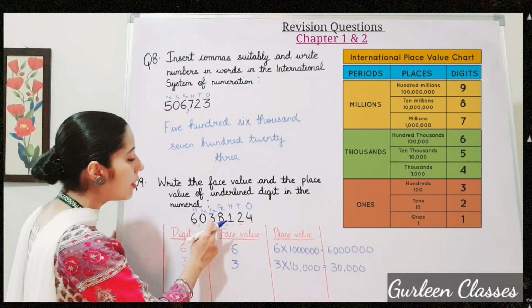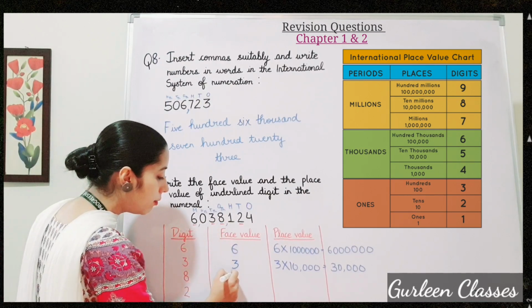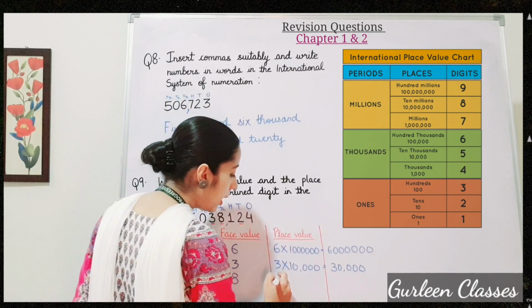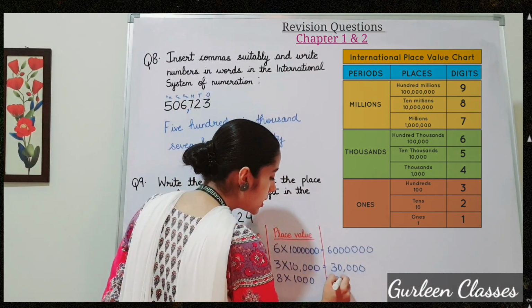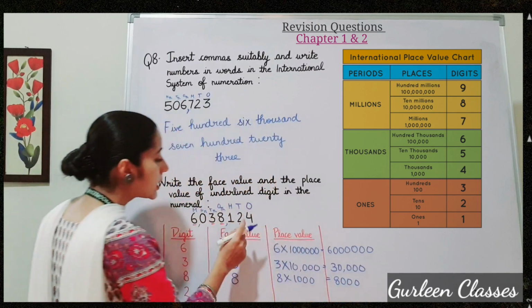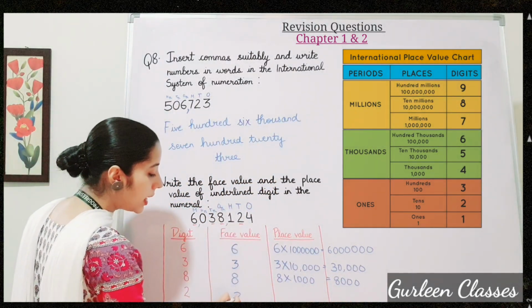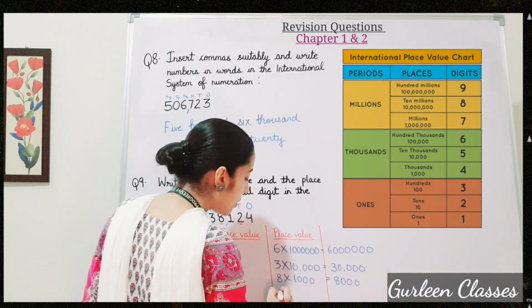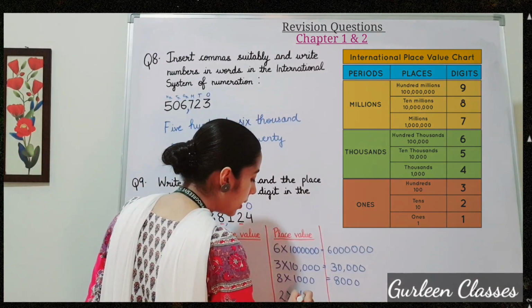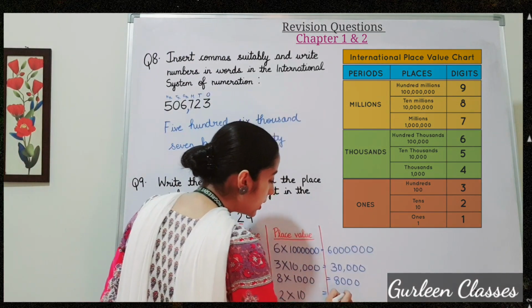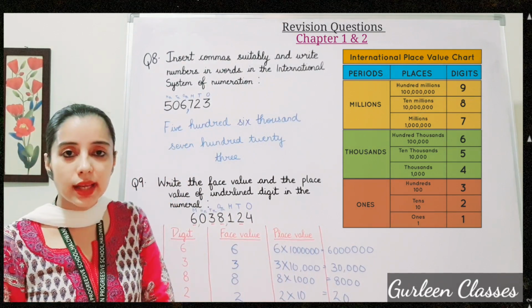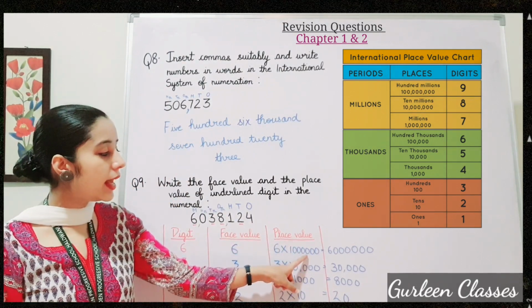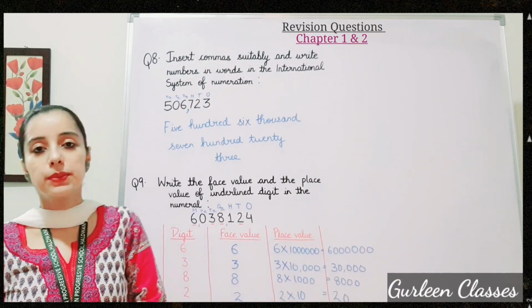Next digit here is 8. The face value is 8. 8 into 1,000, so the place value is 8,000. Next underlined digit is 2. The face value is 2 and the place value is 2 into 10, that is 20. Students, these are the places and we have to find the place value. Face value into place is the place value.